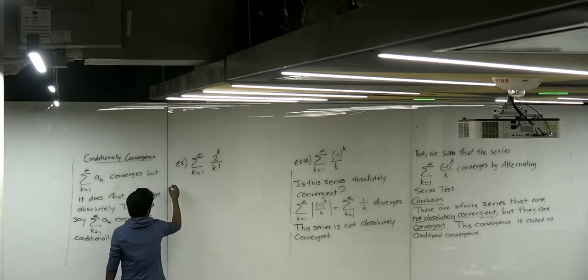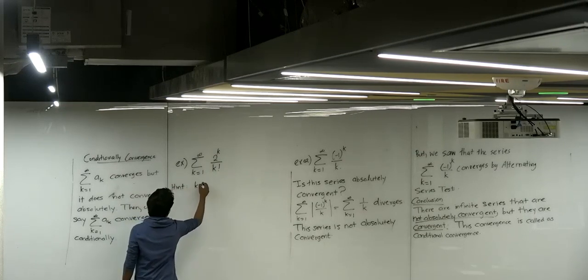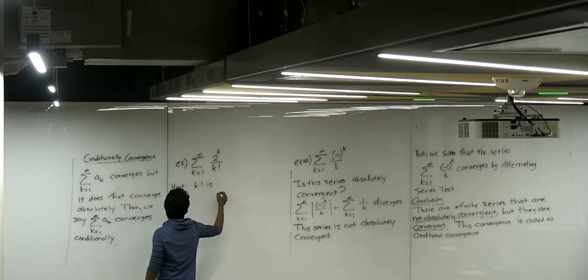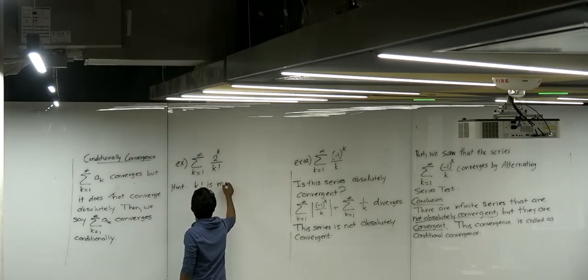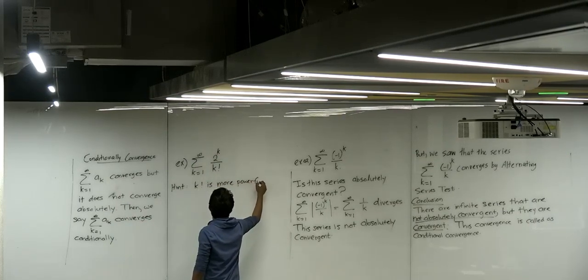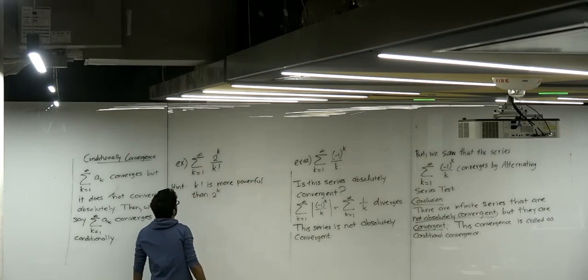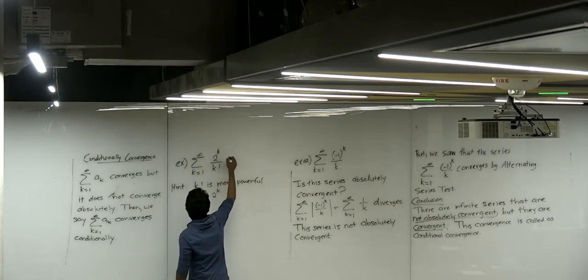Okay, I can give you a hint. The hint is factorial k is more powerful than 2 to the power k. I forgot negative 1 to the power k.